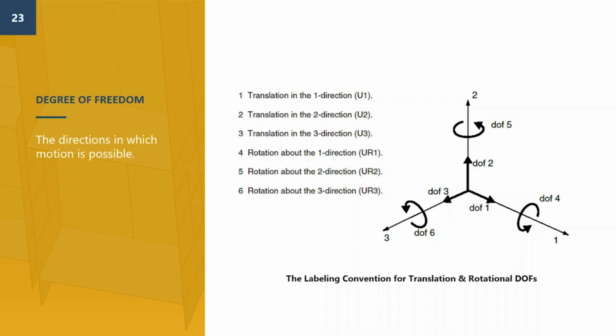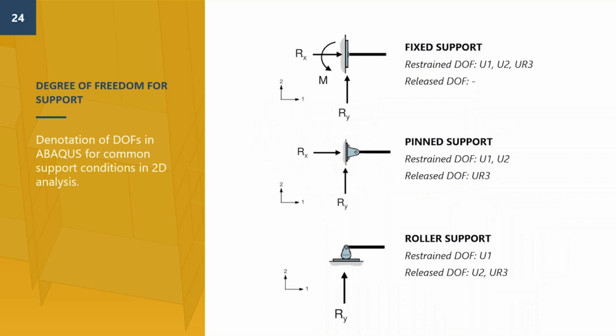This is the convention used in the global coordinate system. Also, ABAQUS recognizes U as translation and UR as rotation.